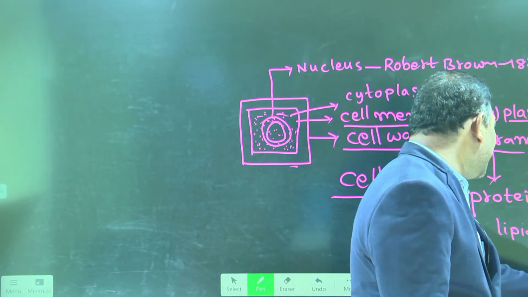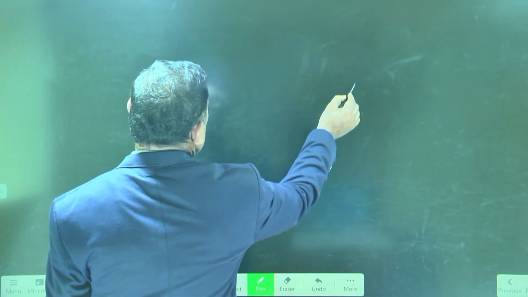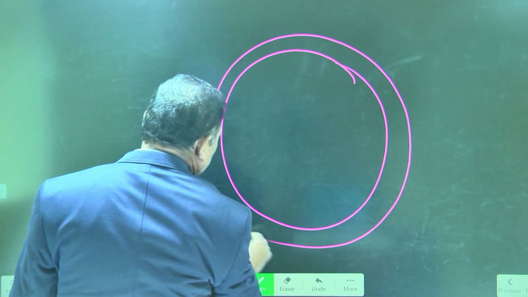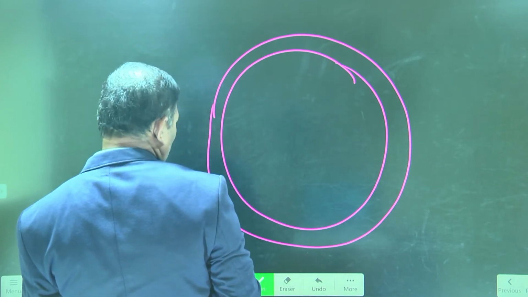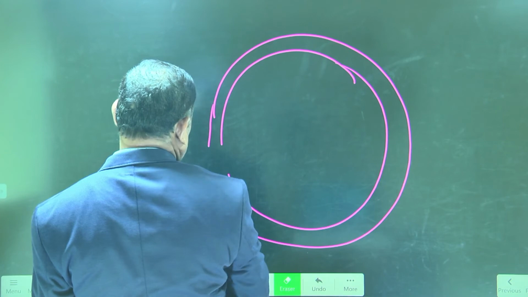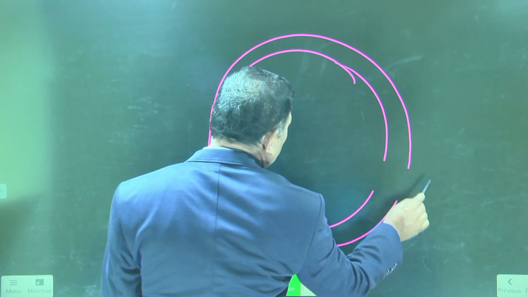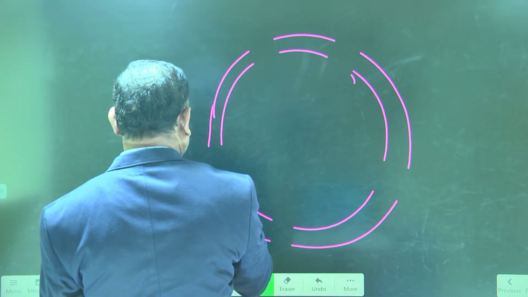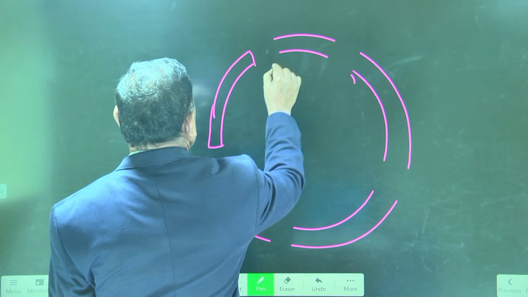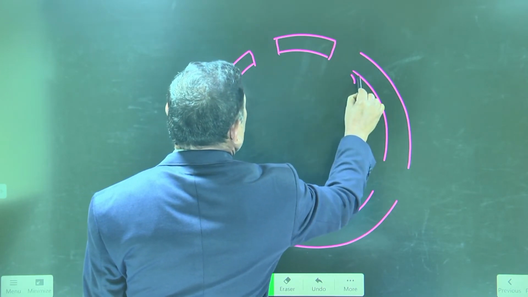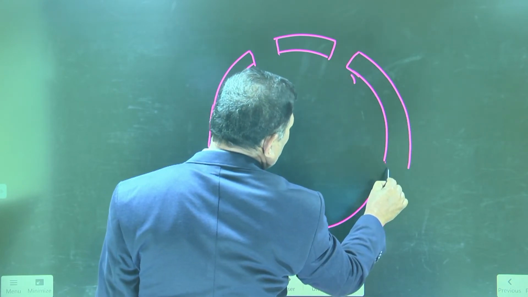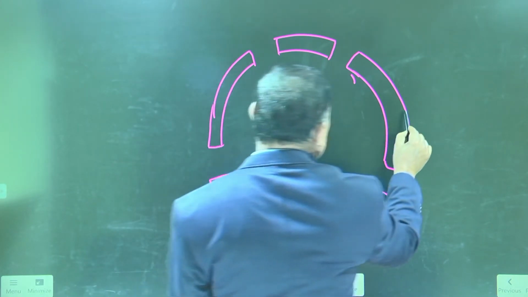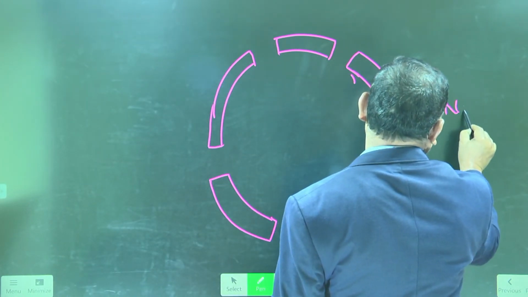How many parts are present in the nucleus? You have already studied. Actually, four parts are present. One is the outermost layer, which is the nuclear membrane.